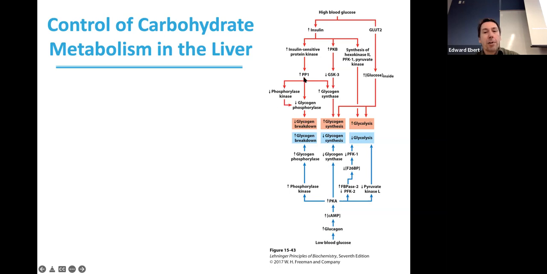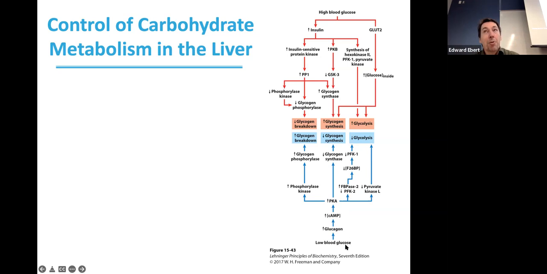So our protein phosphatase 1 will dephosphorylate phosphorylase kinase, which will slow down glycogen phosphorylase and inhibit glycogen breakdown. So high blood glucose and insulin lead to these factors.